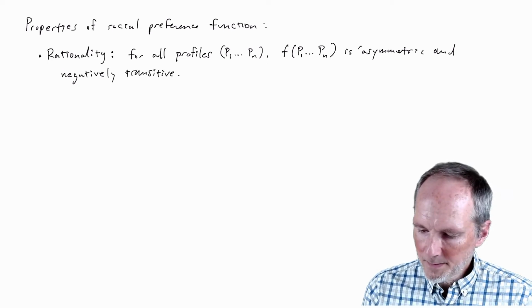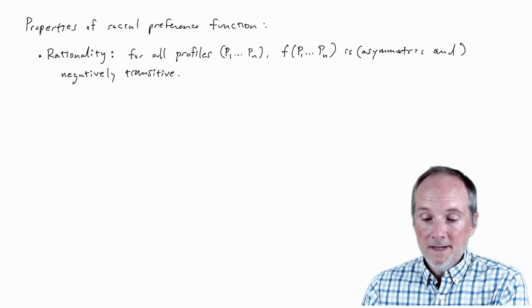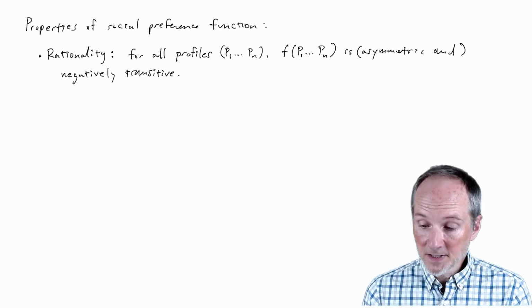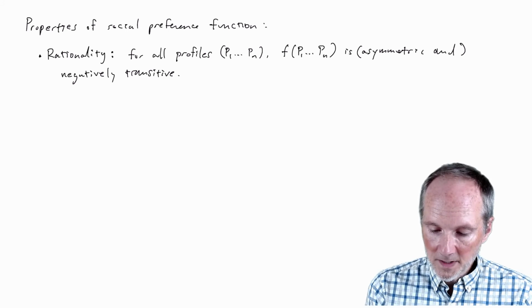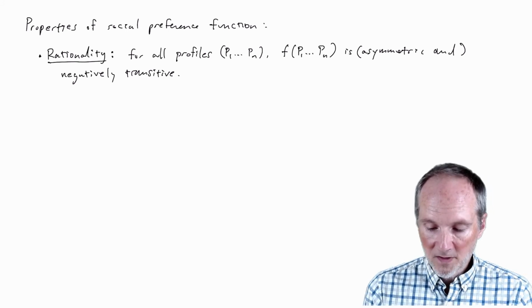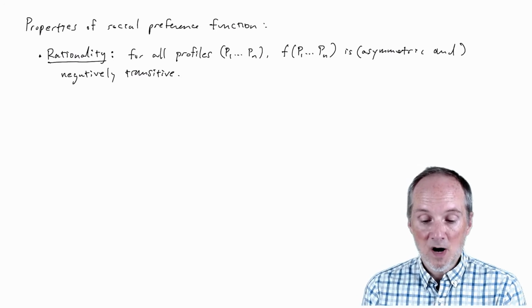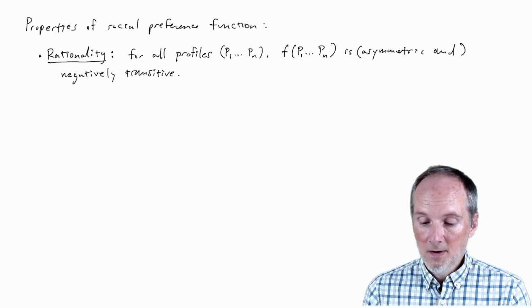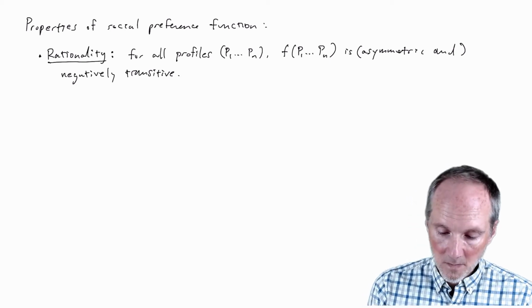I'm kind of building asymmetry into the idea of a social preference function because the range only consists of asymmetric relations. The key property is this negative transitivity. Okay. The Borda preference function has this property. Majority rule does not, because there are some profiles where majority voting does not give you a ranking. Okay.